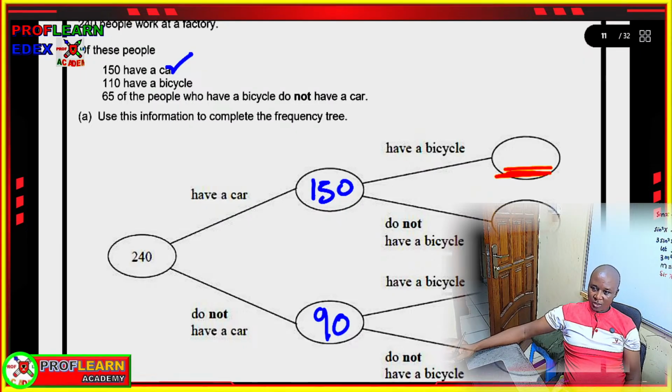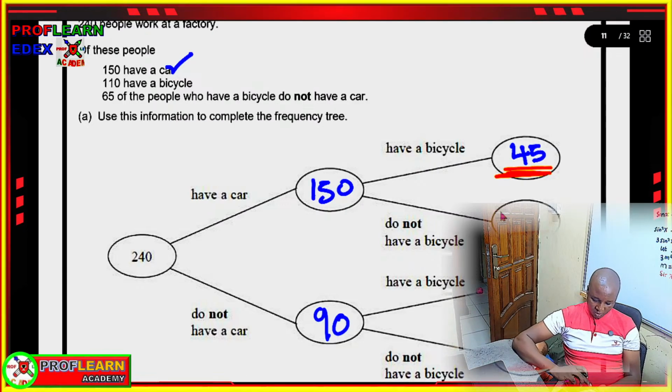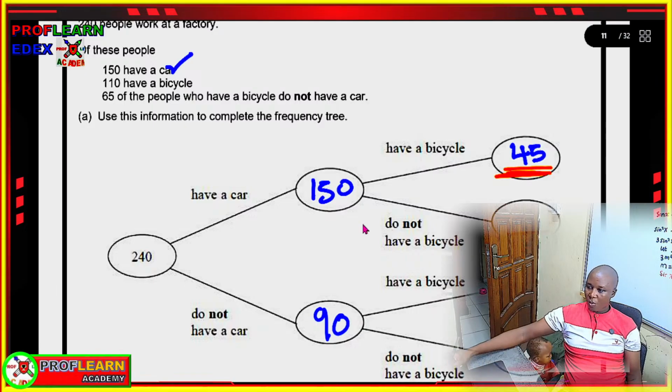And also we are told that this point here we shall have 45, and then 150 minus 45, this is going to translate to 105 at this given point.